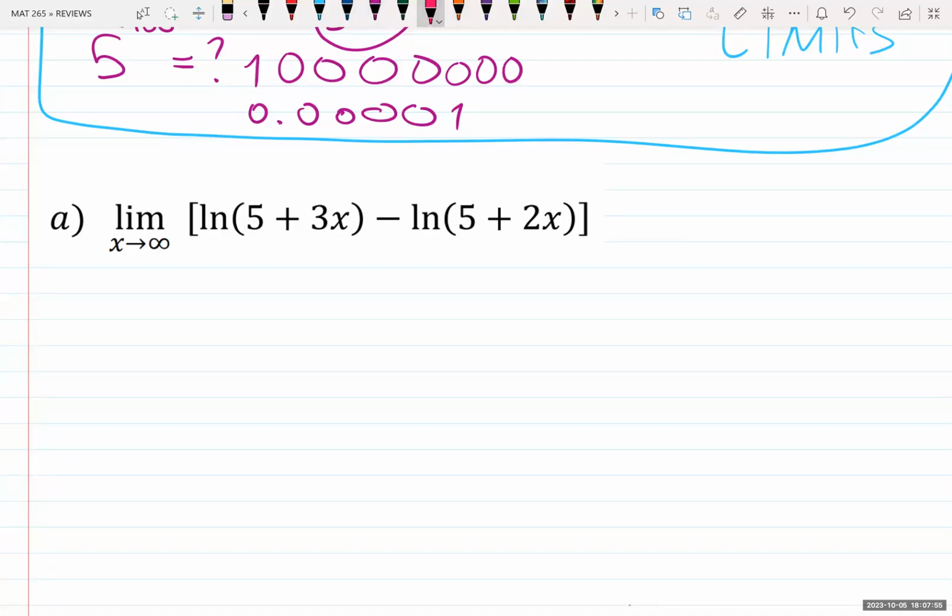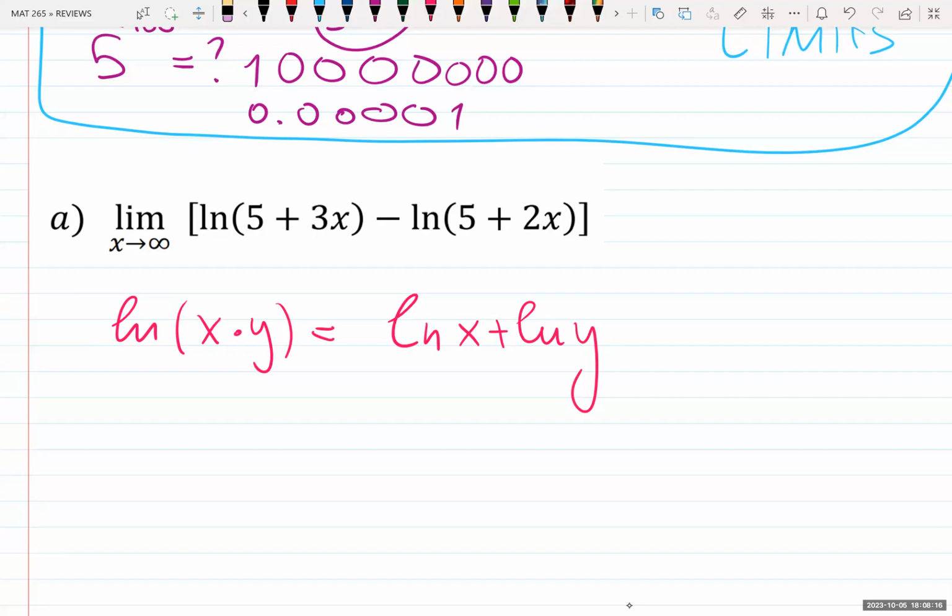So let me put it in red, pink, ln x plus ln y. I would do it the other way around, right? ln looks at the product and breaks it into a sum because the logarithmic function slows everything down.